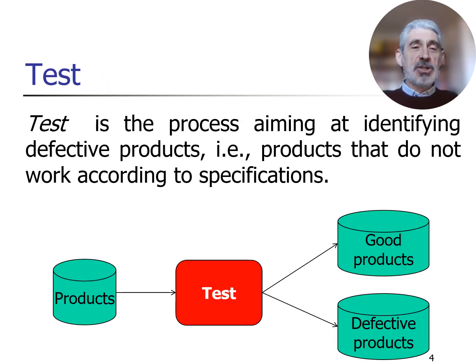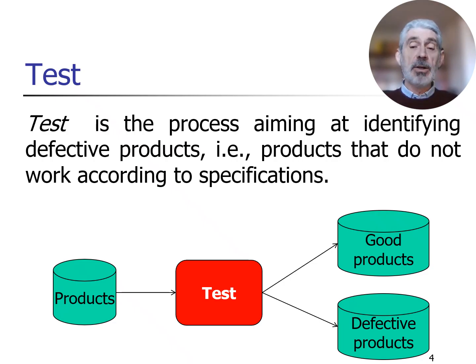And first of all, it is crucial to define exactly what a test is. Test is the process aiming at identifying defective products. So there is a production line, in this case, manufacturing integrated circuits. And at the end of this line, no matter how good the manufacturing is, there is the possibility that some of the products are faulty, includes some defects.